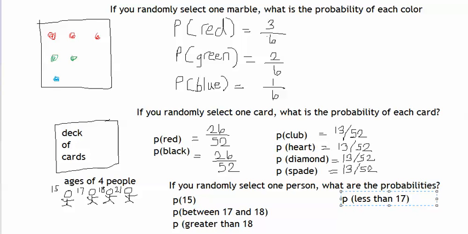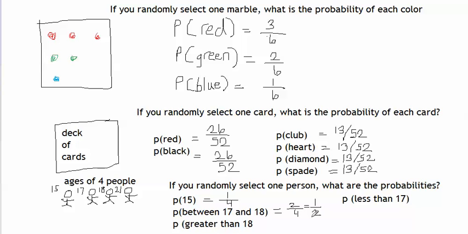So 15, there's one person who fits that. It's 1 out of 4. Between 17 and 18, including 17 and 18, it would be 2 out of the 4 people, which reduces to 1/2.